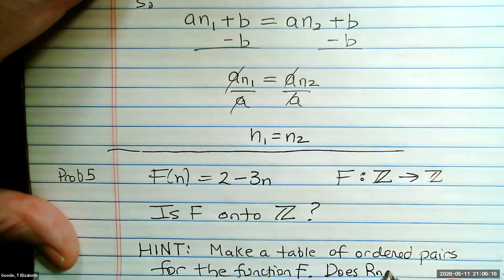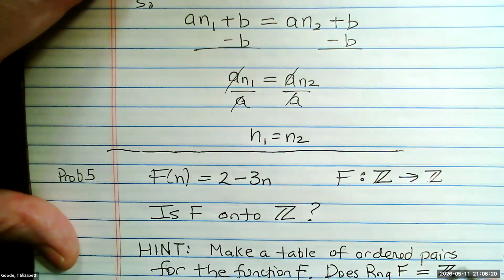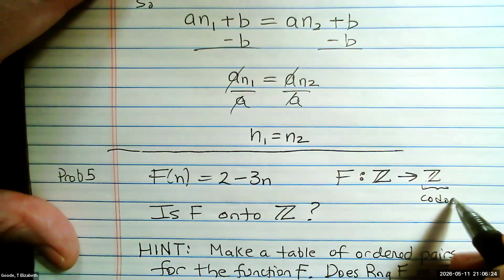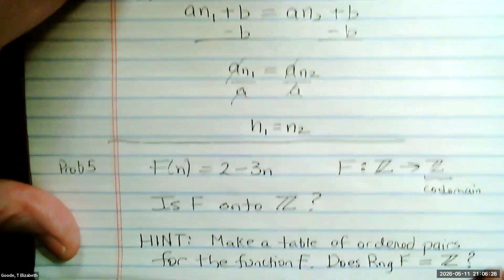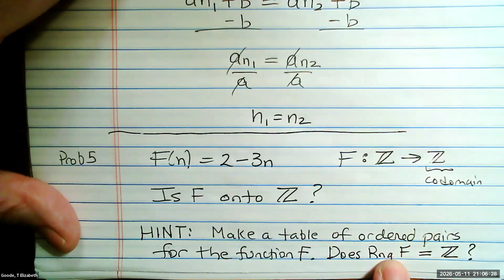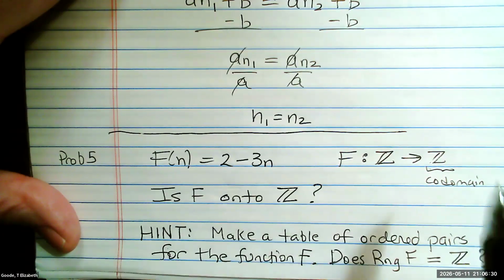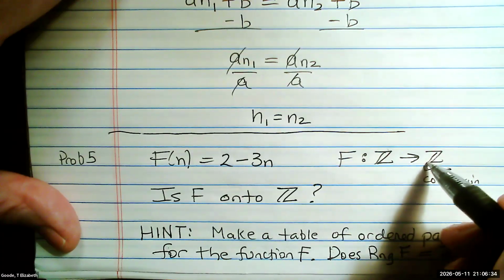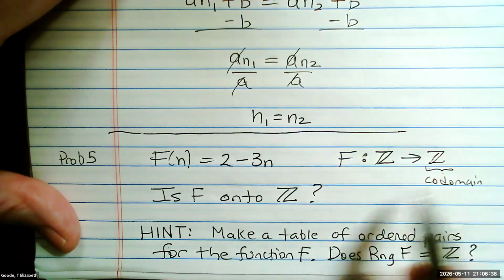Does the range of f equal z? In other words, do we hit everything here in the codomain? That's what it means to say the range of f is z: the arrows coming out of the domain hit everything in the codomain, right?